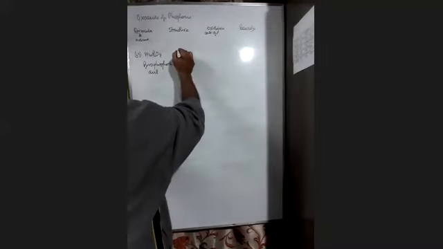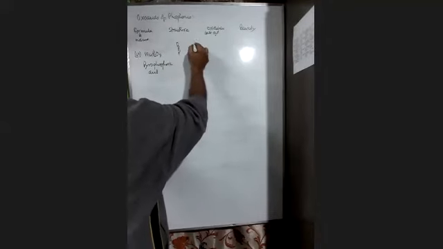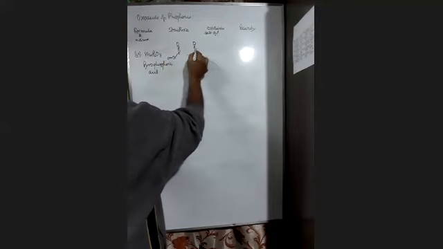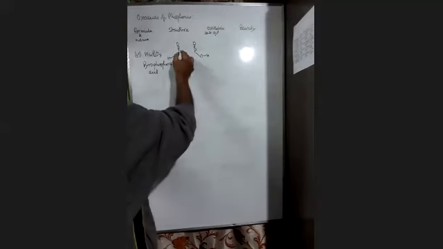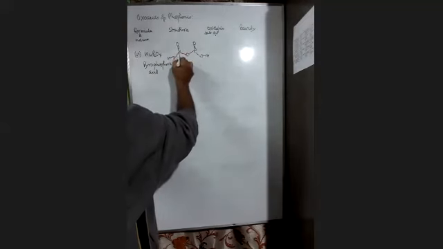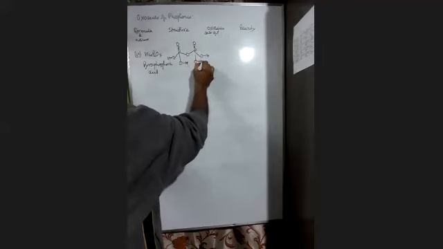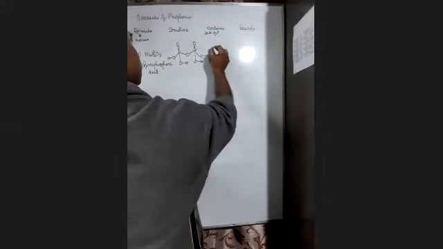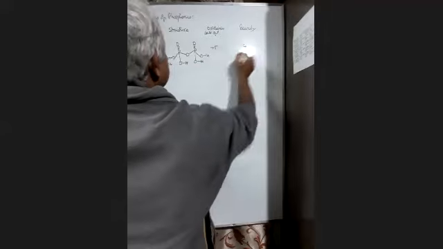So what will be the structure? See, the oxidation state is plus 1, 2, 3, 4. Okay.